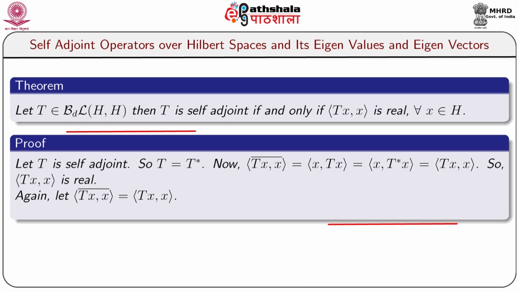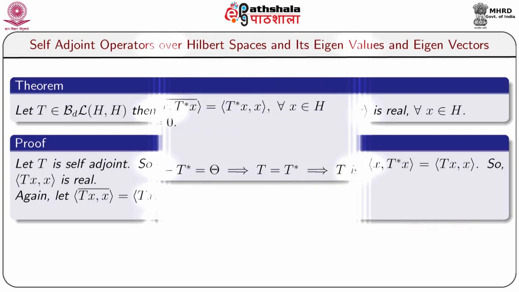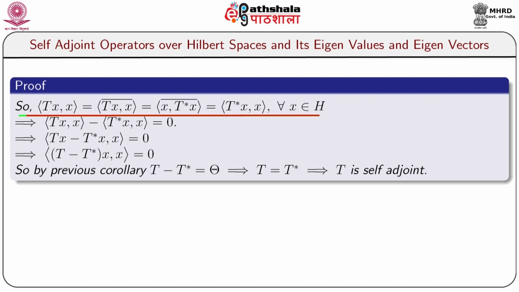Again, let conjugate of ⟨Tx, x⟩ equal to ⟨Tx, x⟩. So, ⟨Tx, x⟩ equal to conjugate of ⟨Tx, x⟩, which is equal to conjugate of ⟨x, T star x⟩, which is equal to ⟨T star x, x⟩ for all x belongs to H. This implies that ⟨Tx, x⟩ minus ⟨T star x, x⟩ is equal to 0.